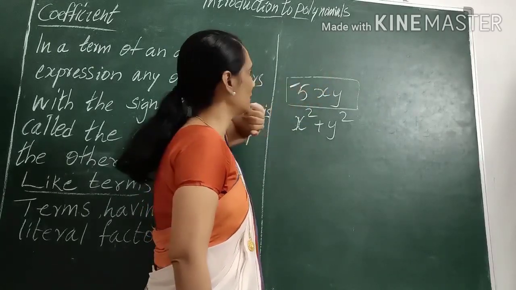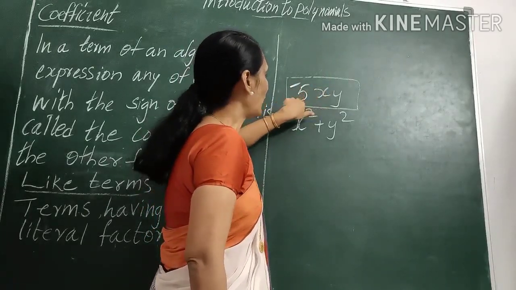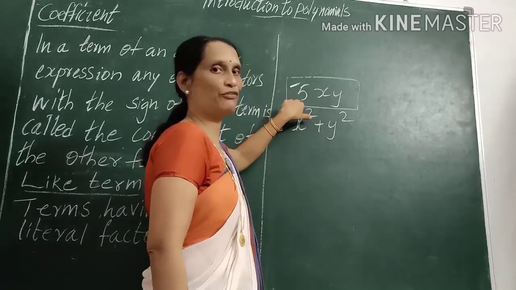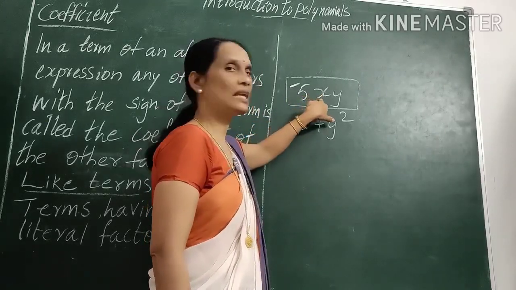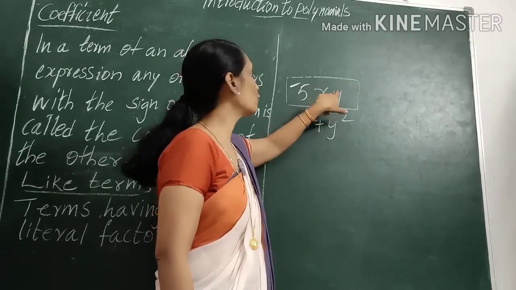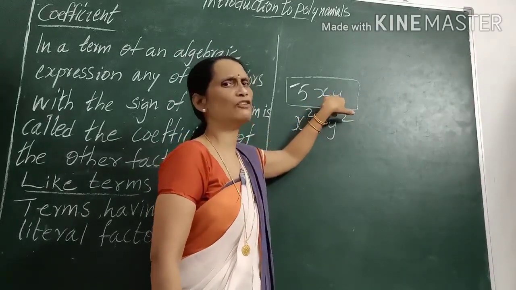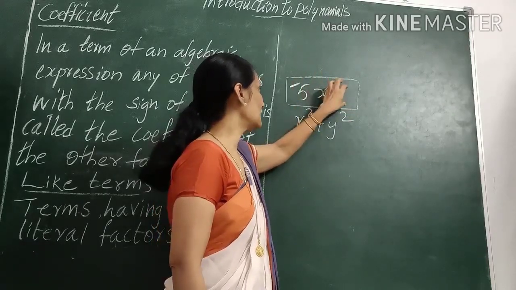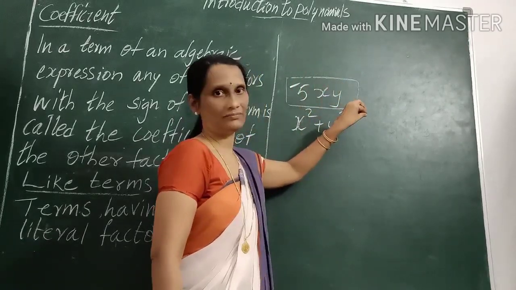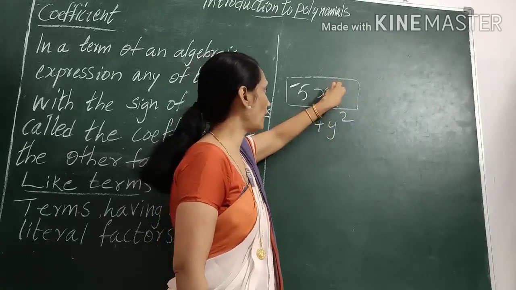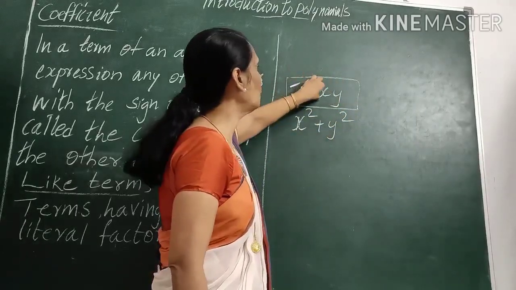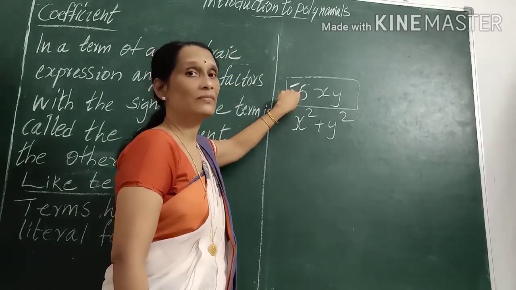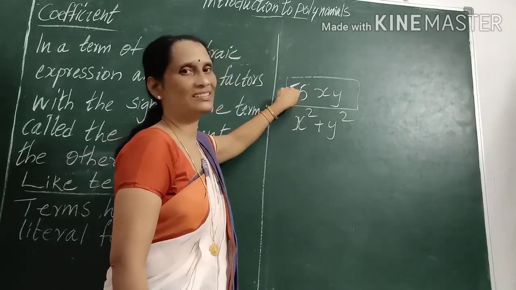In this term, minus 5 is the numerical factor, x is a literal factor and y is another literal factor. So if we take y, the remaining 2 along with the sign is the coefficient.